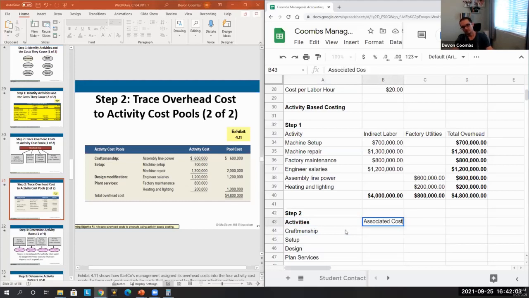So we're saying craftsmanship. What out of this would involve craftsmanship? They're saying, you know what, it's really just power. That's the only indirect cost we have associated with it. And then the dollars related to that are 600,000. They're saying the setup, well, the machine setup, the costs related to it are the machine setup costs. Well, that makes sense, right?